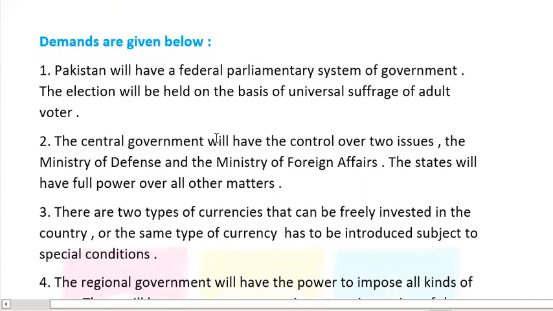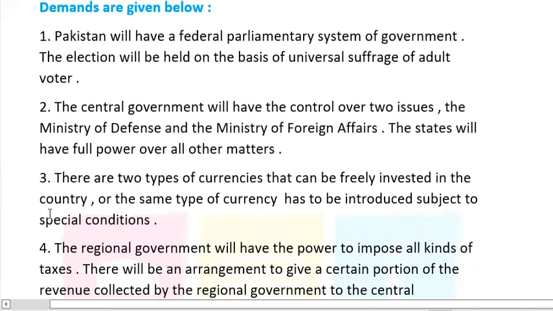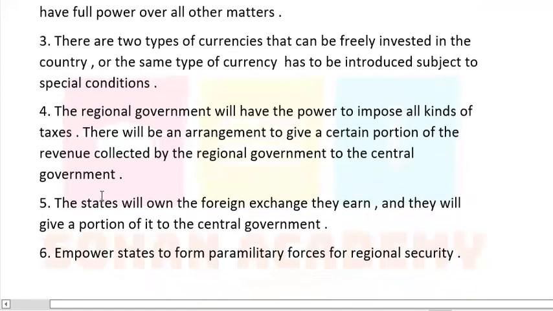2. The central government will have control over two issues: the Ministry of Defense and the Ministry of Foreign Affairs. The states will have full power over all other matters. Number 3. Two types of currency can be freely exchanged across the country, or the same type of currency has to be introduced subject to special conditions. Number 4.